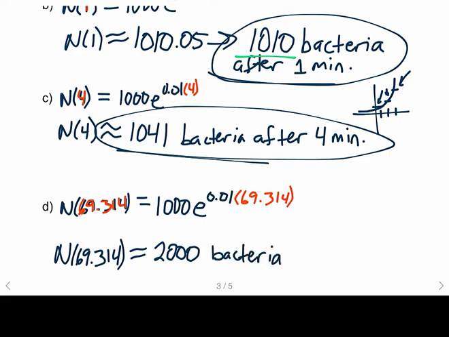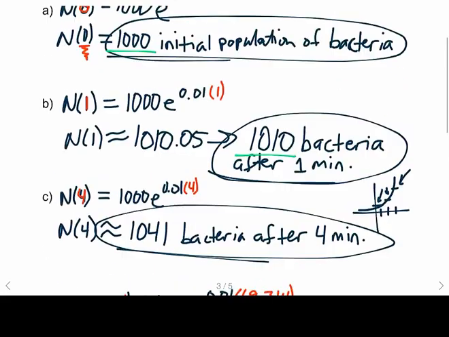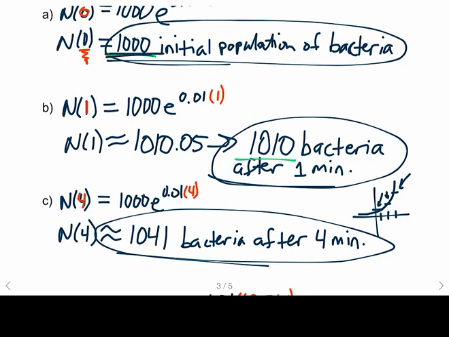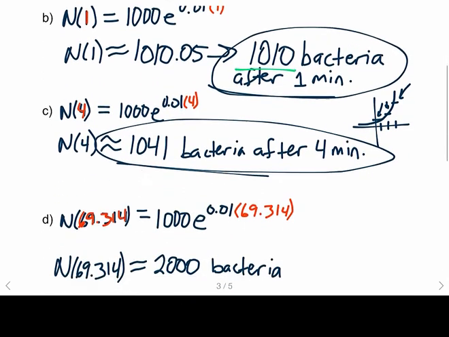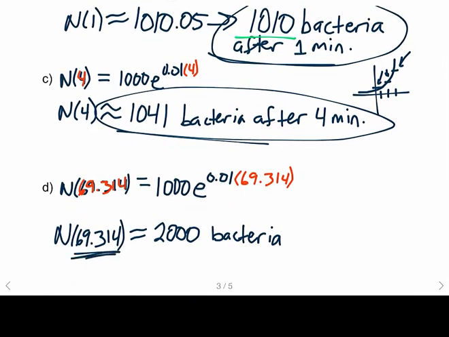So starting with a sample of 1,000 bacteria, after 69.314 minutes, we get 2,000 bacteria. What this means is that 69.314 minutes is the time it takes for this population to double.